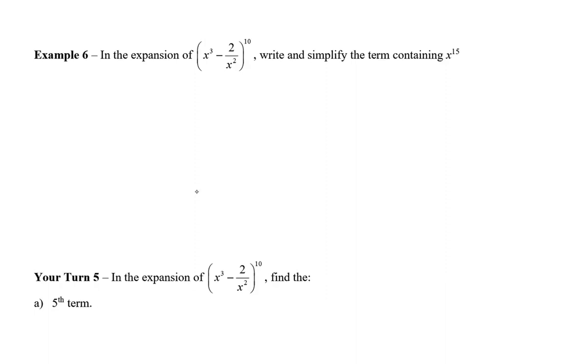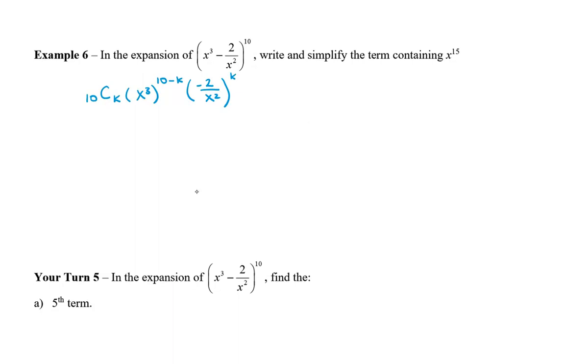How do we do that? Well, we don't know which term that is. So I'm going to say 10Ck, then x cubed to the power of 10 minus k, and then negative 2 over x squared to the power of k.